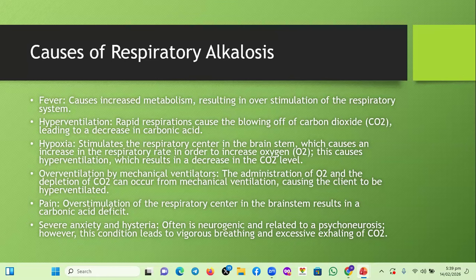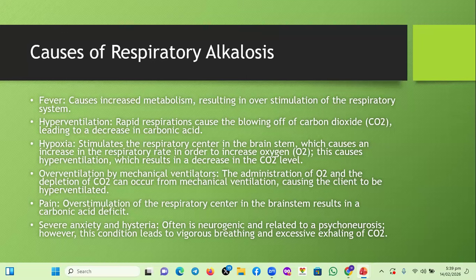Hypoxia stimulates the respiratory centers in the brain, which causes an increase in the respiratory rate in order to increase oxygen levels. And this causes hyperventilation, which will lead to a decrease in carbon dioxide level. And then overventilation. So when the client, yes, madam.